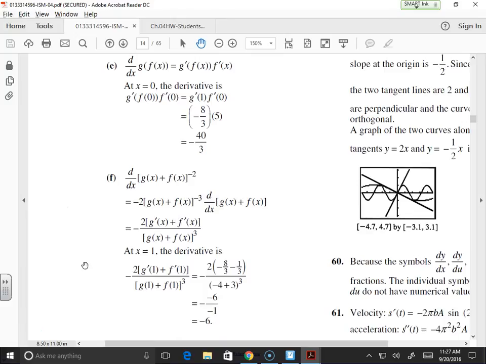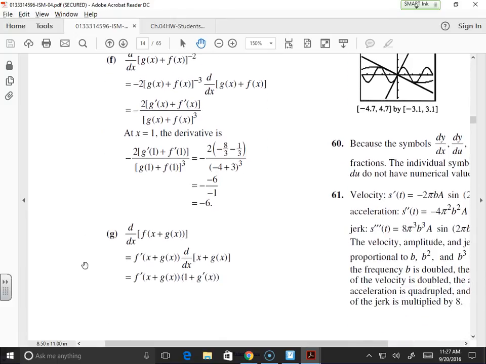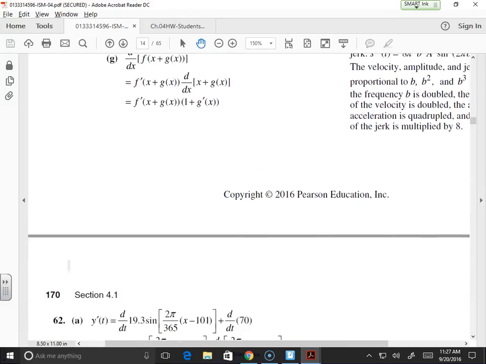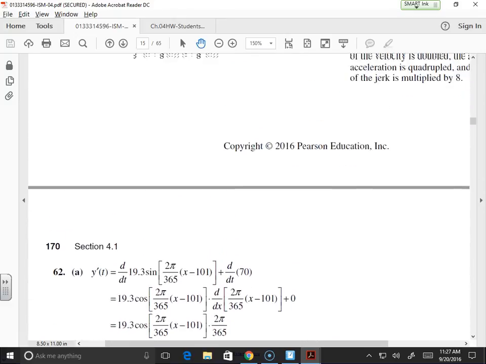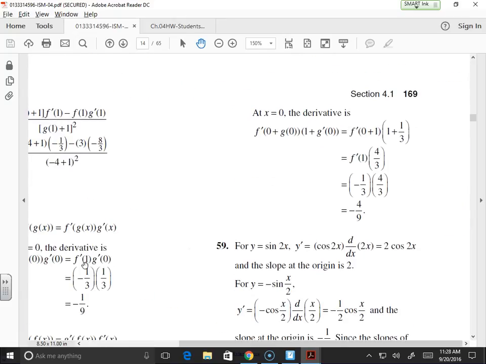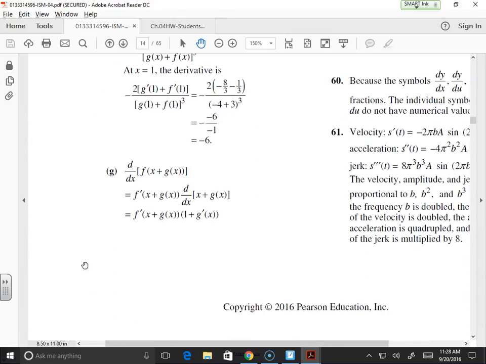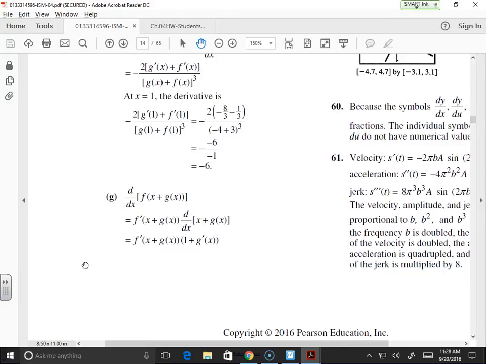E is -40/3. F is -6. G is -4/9. Wait, what did you get for F, George? I got -1. I'm just kidding, I got 9. And for G, I got 5 ninths.